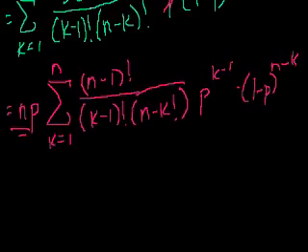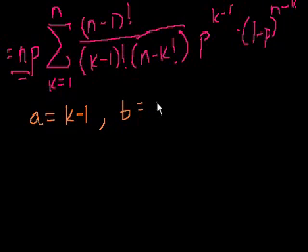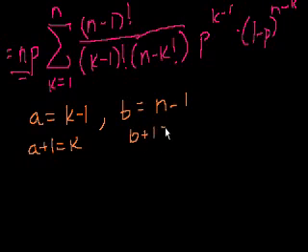And to do that, I'll make a simplifying substitution. Let's say that a is equal to k minus 1, and that b is equal to n minus 1. And then what would n minus k equal? If a is equal to k minus 1, then a plus 1 is equal to k. And here, b plus 1 is equal to n.